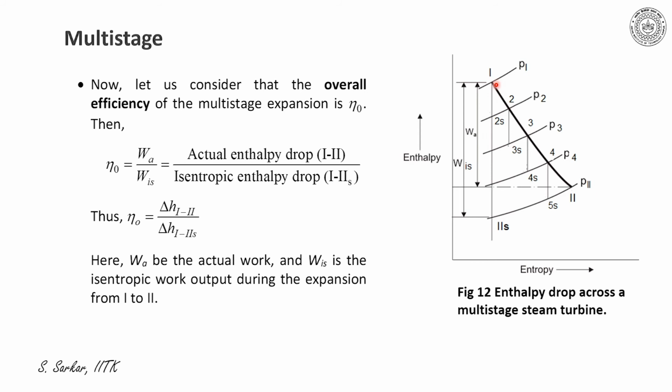So 1-2s is the isentropic enthalpy drop, while 1-2 represents the actual enthalpy drop.